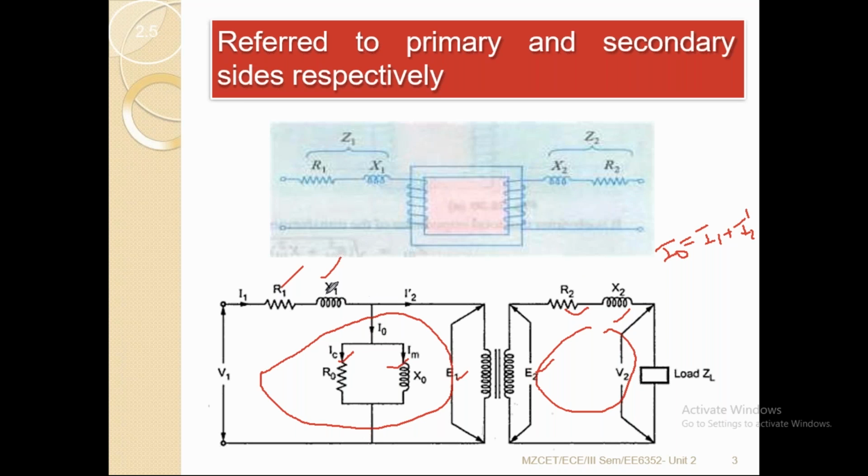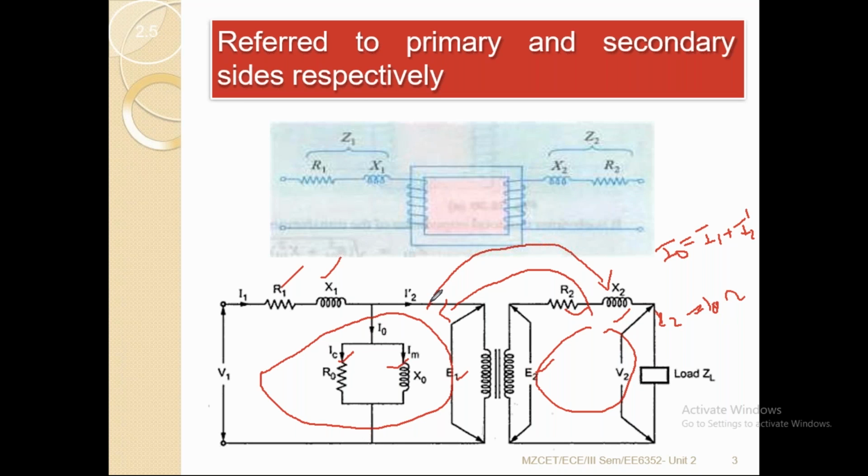Now if you want to find this equivalent resistance and equivalent reactance, you must shift either the secondary parameters to the primary, or the primary parameters to the secondary. Then only can you add the resistance and reactance. Now if the secondary parameters are shifted to the primary, suppose R2 equals 10 ohms, when this value is shifted to the primary, it should change.